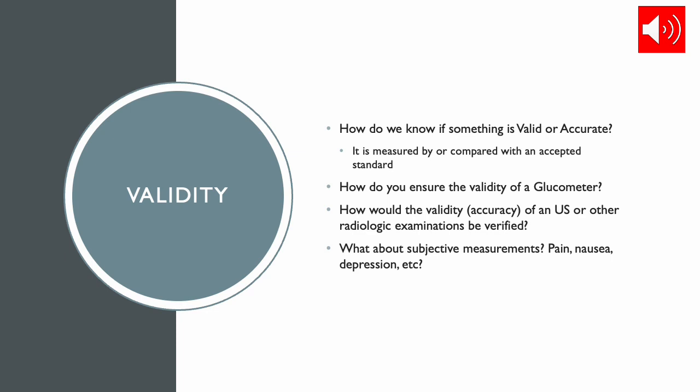So how do we know if something is valid or accurate? It is measured by or compared with an accepted standard. So, for instance, how do you ensure the validity of a glucometer? Well, you have to do quality controls on it. Hopefully some of you have experience doing this or have seen it: you basically have little testing vials that have high and low blood sugars in them.